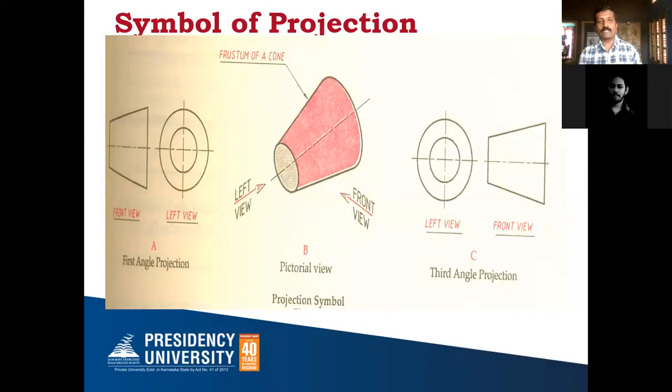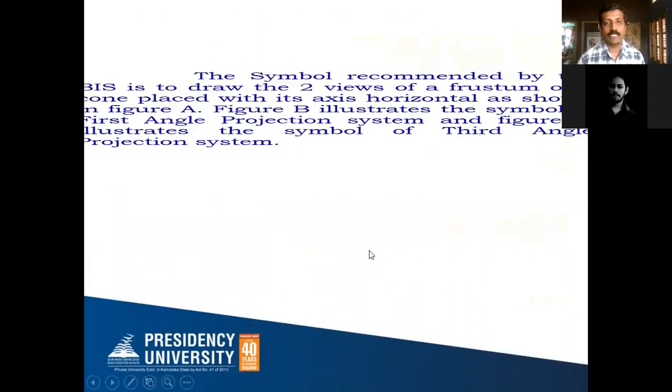So how to identify the first angle and third angle symbol? If the side view you are getting is on the right side of the front view, it is called the first angle projection system symbol. If the left view you are getting is on the left side of the front view, then it is called the third angle projection system. That's all. This is the symbol of the projection system.